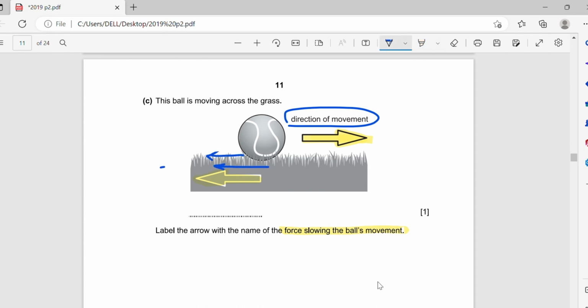Great. This is called the direction of friction. يبقى هنا عندي this is the friction force. هنا direction of movement, هنا direction of friction. Next question.